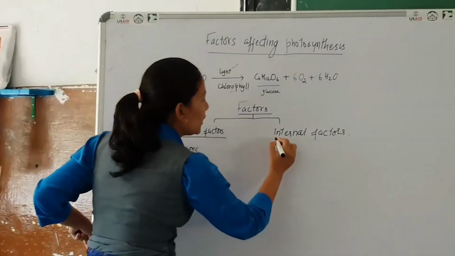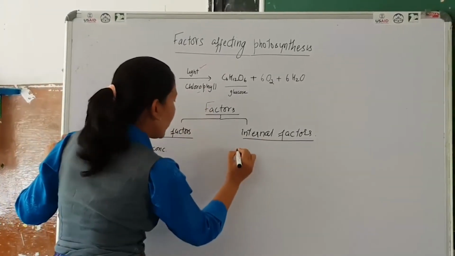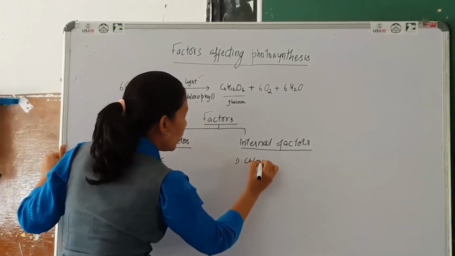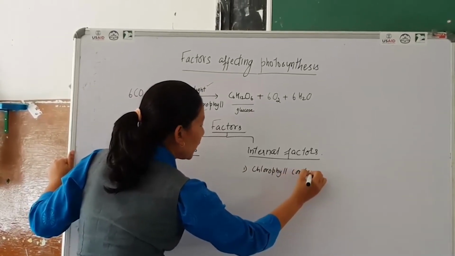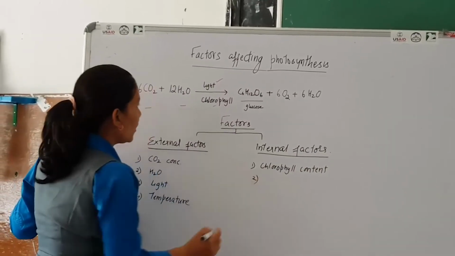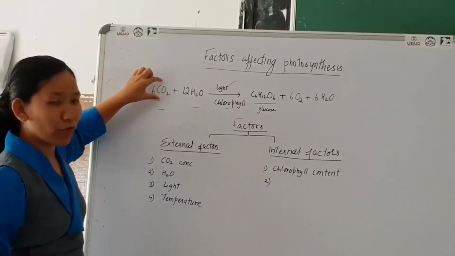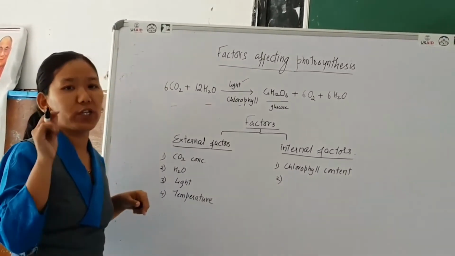Now talking about the internal factors, you can just look here. One you can find is chlorophyll content, and other factors as you can see here. You know that for exchange of gas, carbon dioxide enters into the leaf through a pore called stomata.